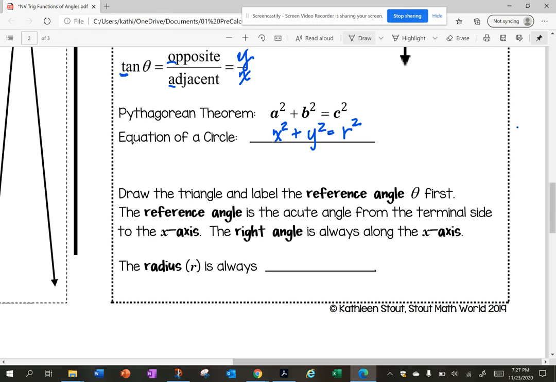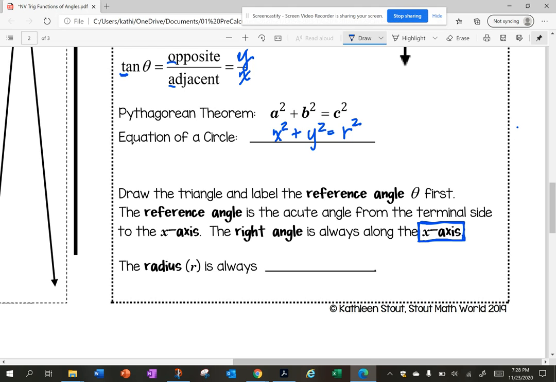So what do I want to do? I always want to draw the triangle and then label the reference angle first. The reference angle is an acute angle from the terminal side to the x-axis. The right angle is always on the x-axis, and the reference angle is always near the origin.